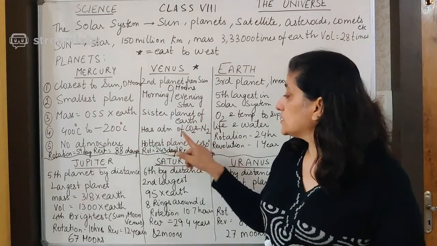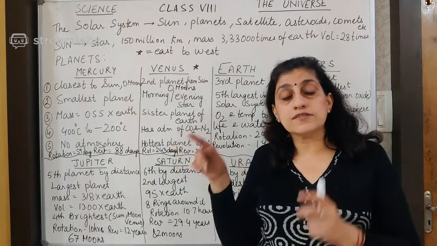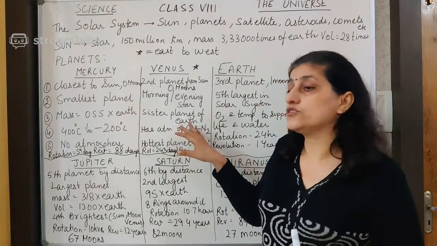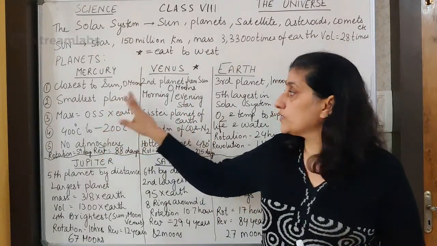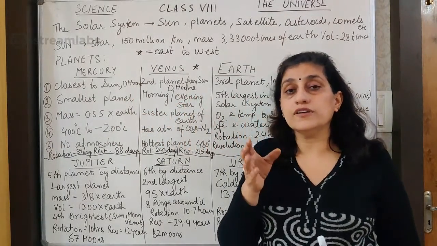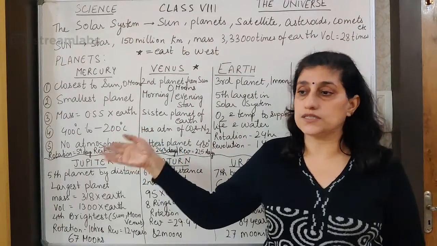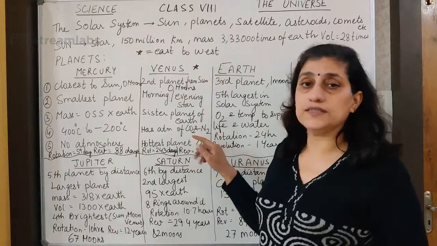The reason is the presence of carbon dioxide. The carbon dioxide gas traps the heat, and as a result the temperature of Venus goes higher than that of Mercury. So don't get confused, because children often give Mercury as the hottest planet, since logically it is closest. But the reason is the presence of this carbon dioxide gas.